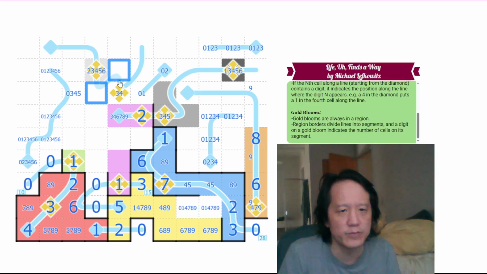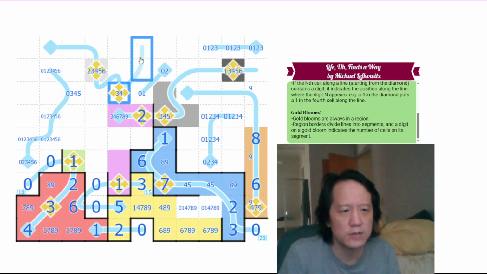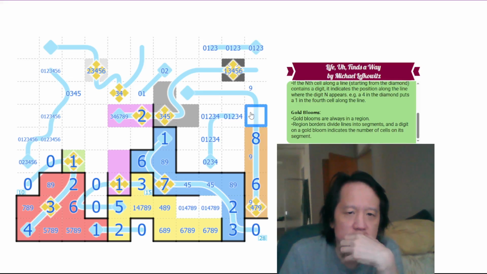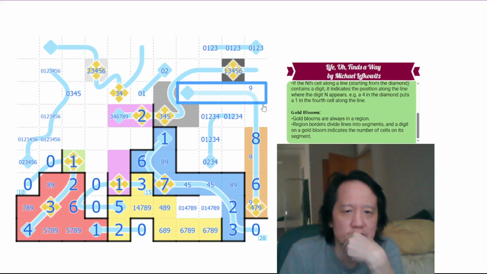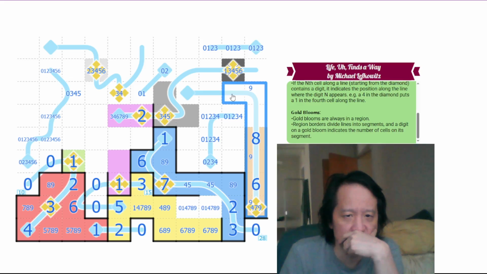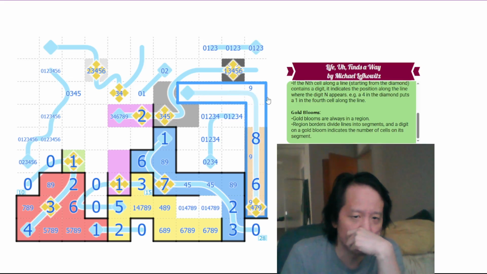So 3 could be 1, 2, 3, or 1, 2, 3. 8 and 6. We're not guaranteed anything here. So it's either 4 or it could be full 7 or full 9. We don't know.